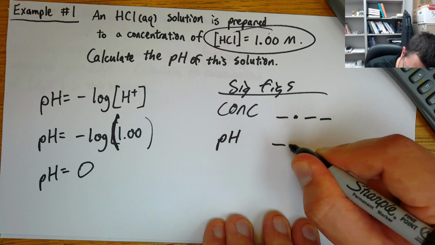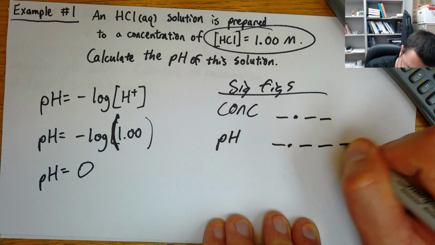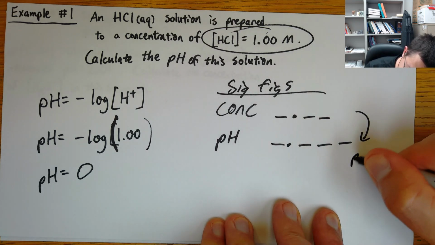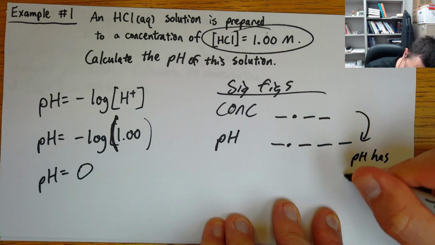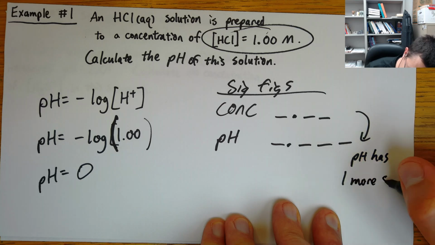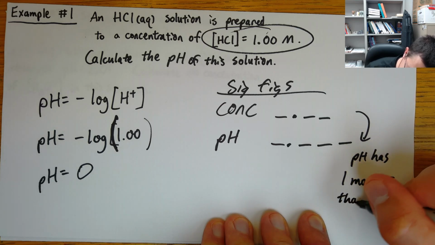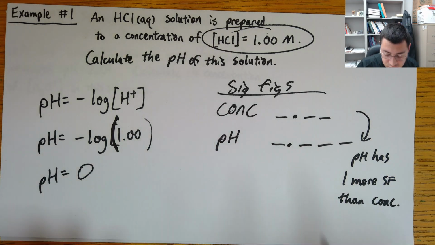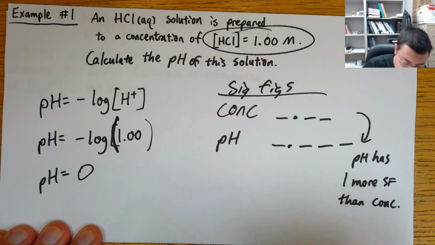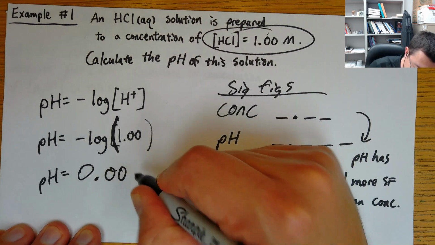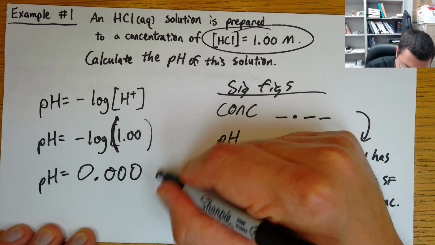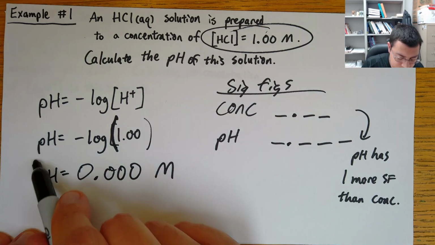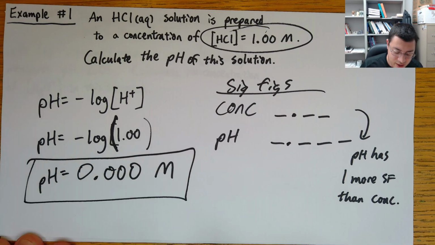In other words, pH has one more sig fig than concentration. We went 2 decimal places out there, so this would be 3 decimal places out there. So this would be our answer.